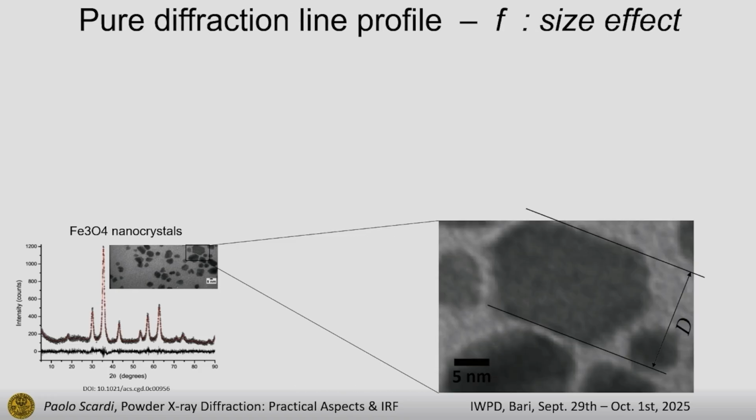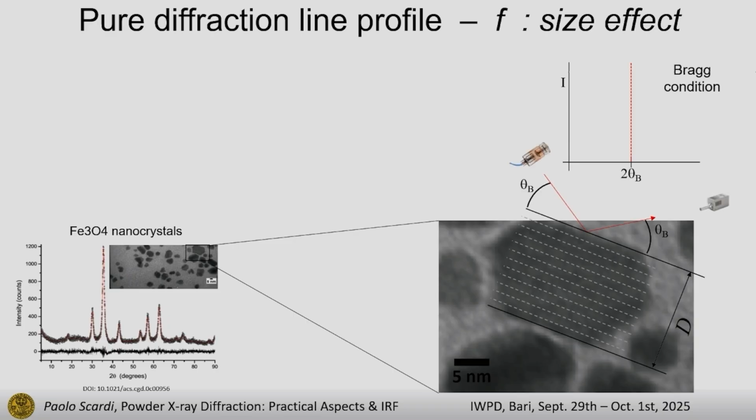So let's think of a small crystal like this one. The crystal has a thickness d. You can think of the thickness in the direction of the scattering vector, the direction in which Bragg's law works. So this means that if you think of atomic planes, the peak is only produced when you are in Bragg condition, so at the right angle.